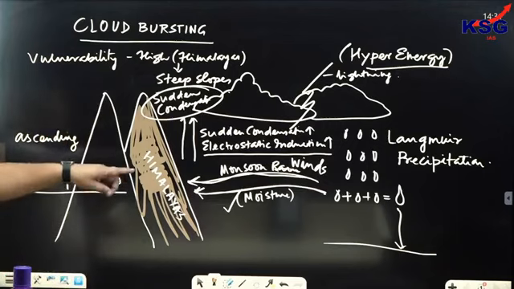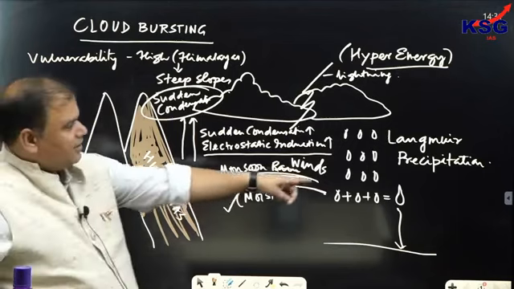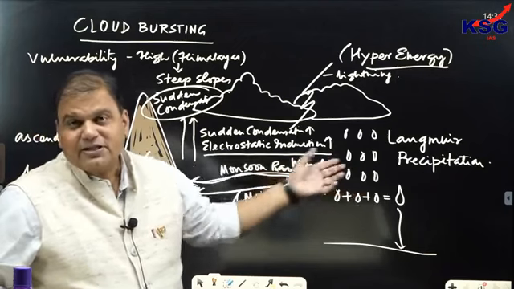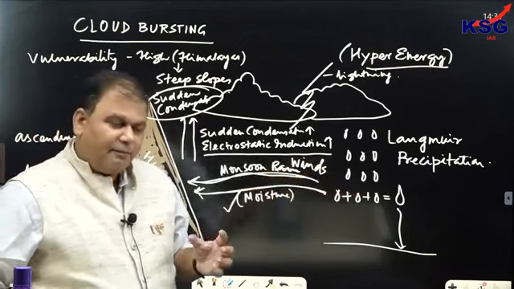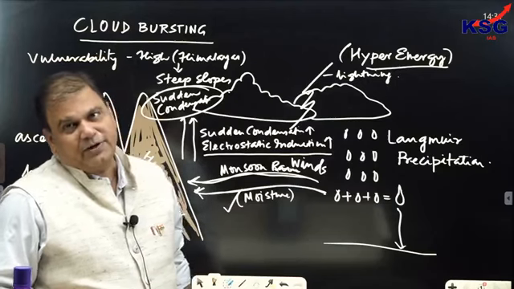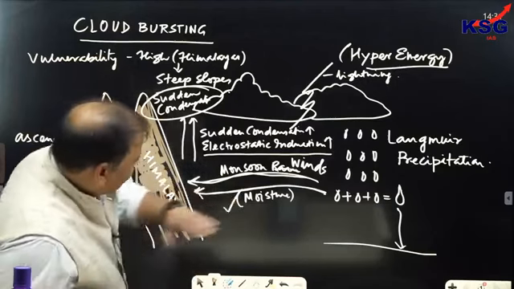And this type of precipitation is called as what? It is referred to as Langmuir precipitation, where small droplets of water combine together to form a larger droplet of water.